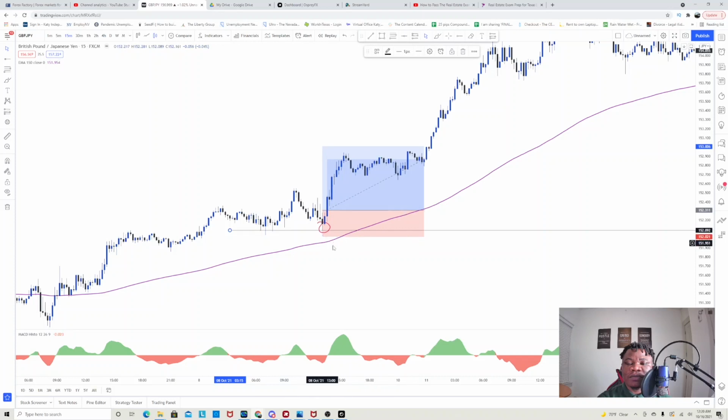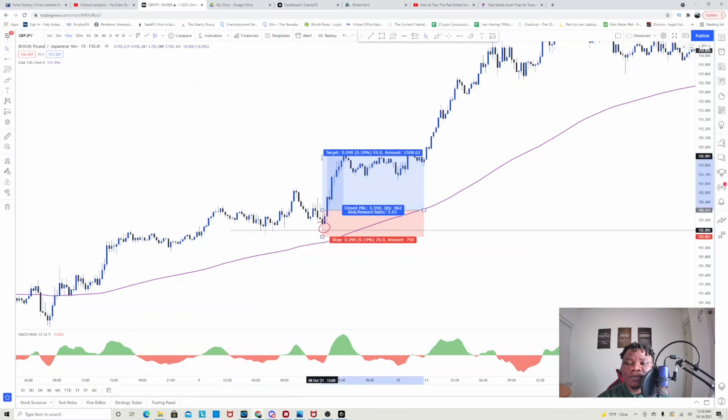This is why support and resistance is very important when it comes to trading. So I can have my stop loss right below that zone. This time around we're looking at 29 pips, and I'll just have my 50 pips right here.